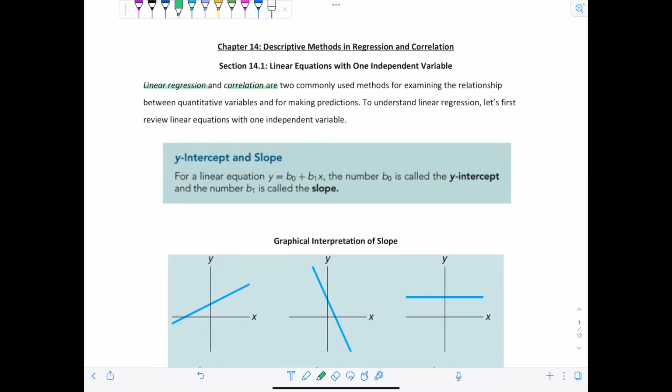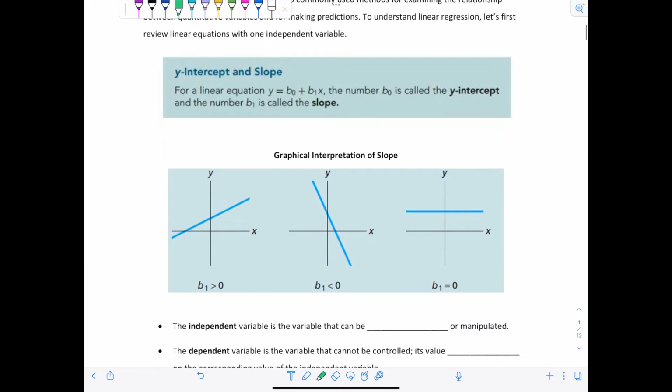Some of you might have seen this topic in algebra classes a few times, but we're just going to refresh so that we're ready to look at linear regression. So y-intercept and slope. For a linear equation in the form y equals b naught or b sub 0 plus b1x, the number b0 is called the y-intercept and the number b1 is called the slope.